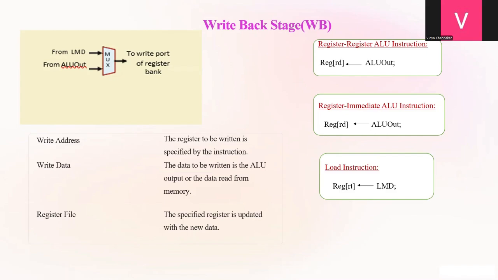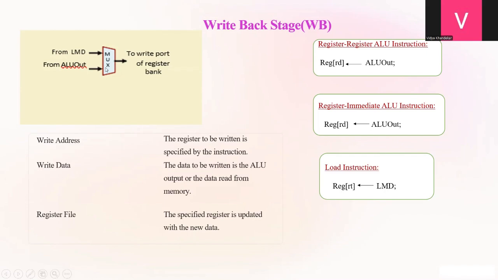Accordingly, for a register operation, the ALU output is stored in RD. For a register immediate ALU operation, ALU out is stored in RD. And for a load instruction, the LMD is stored in RT. How this is done: it can be selected from a MUX, either LMD or ALU out.